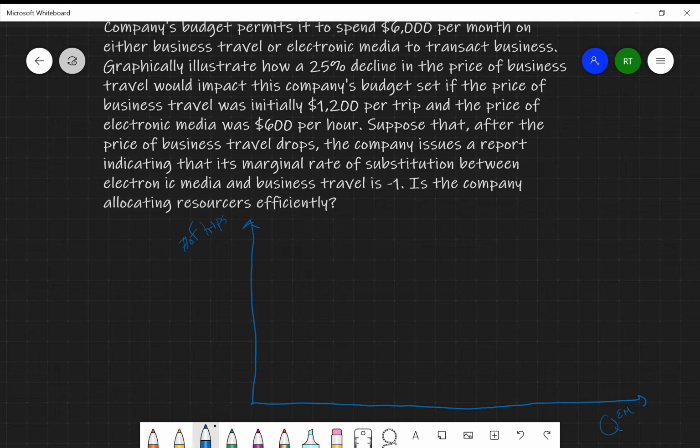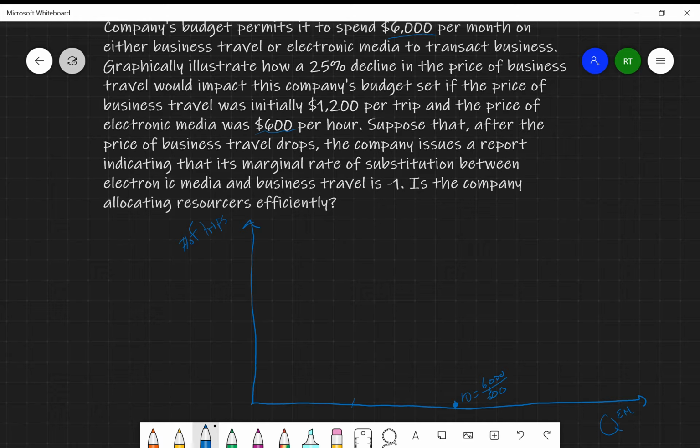At first, 1, 2, 3, 4, 5, 6, 7, 8, 9, 10. We know that we can either get 10 bits of electronic media and 0 travel, because electronic media is $600 an hour, and we have $6,000 to spend. So this is 10 equals 6,000 divided by 600.